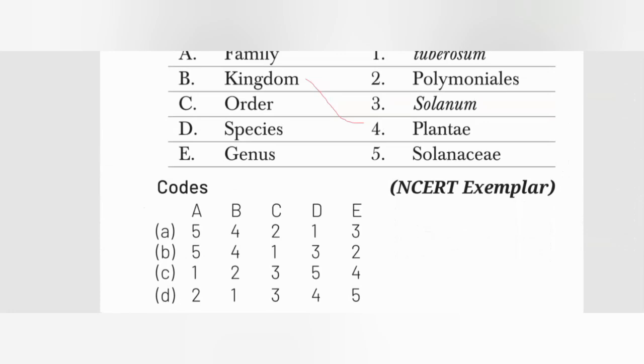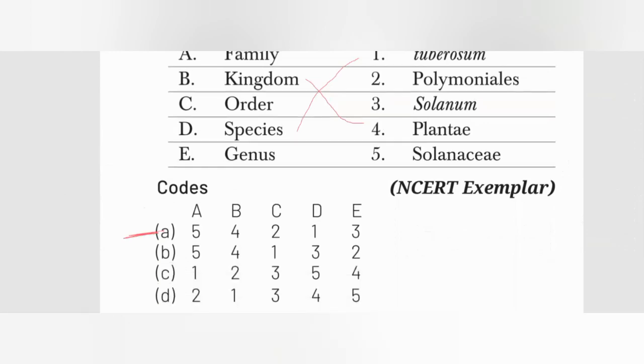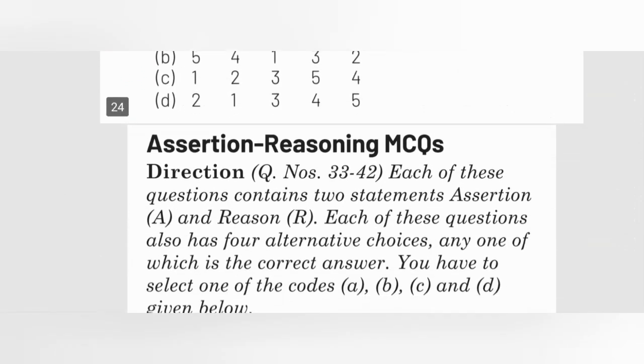Now look for another similar one. For example, you know that species is tuberosum. Now go for checking with which it matches. Yes, it matches with A1. So our answer will be A1. Okay, whenever such questions are asked, just follow these rules.